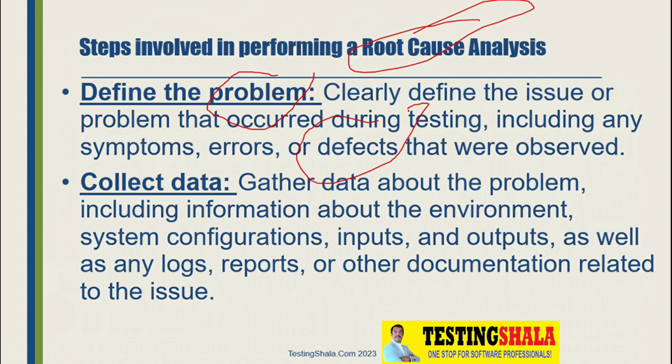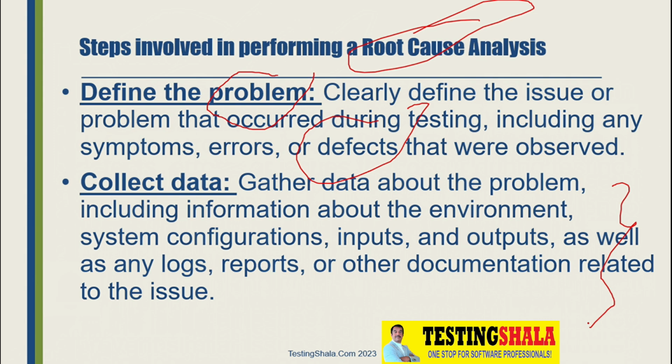Now how will you base your problem? For that we need data, because nobody will agree unless you have enough data to show that a certain functionality or feature is getting more defects or issues. Once you gather the data, it can come from your defect pool, or from review feedback from the development team, business analysts and testers.